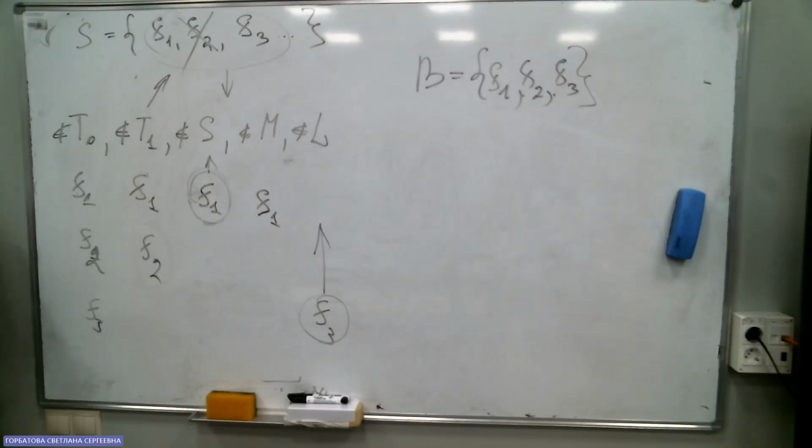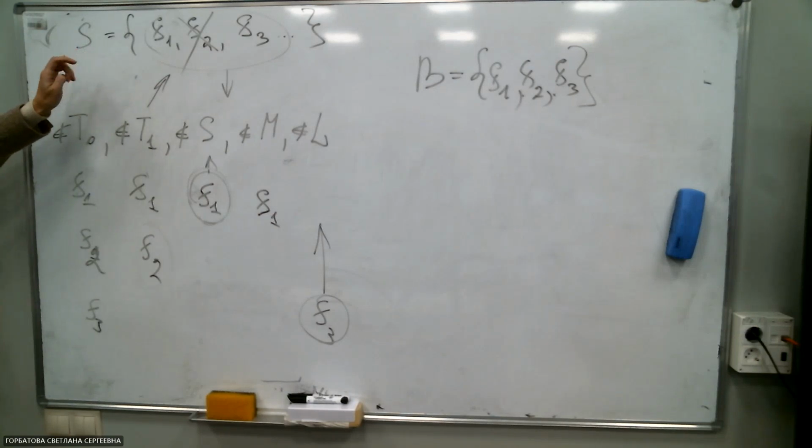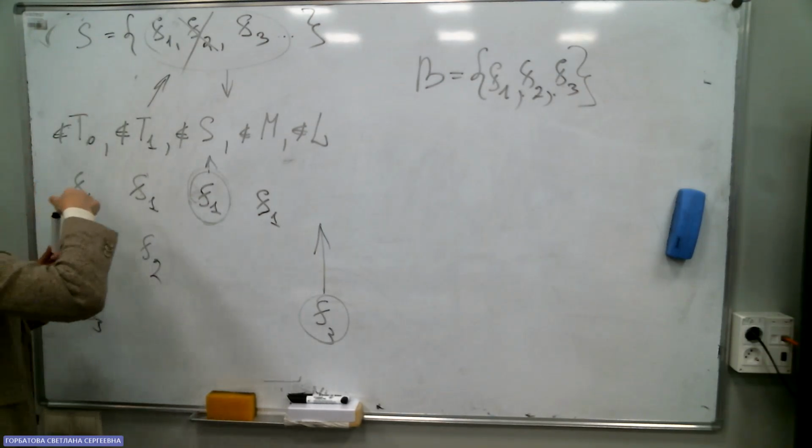If F1 doesn't belong to T0, and F2 or F3 doesn't belong to S, can we say F1, F2 are functionally complete, or that the whole class is functionally complete?